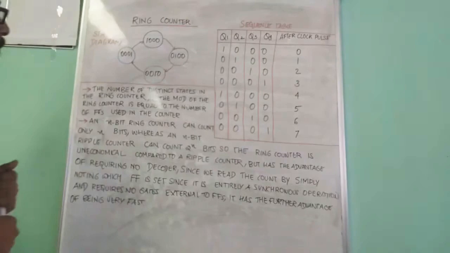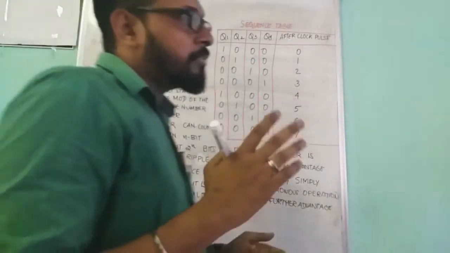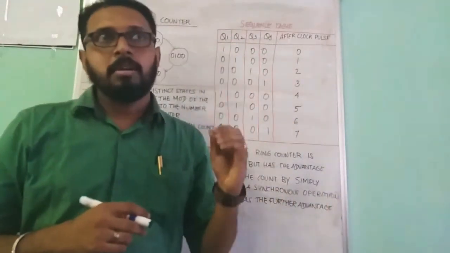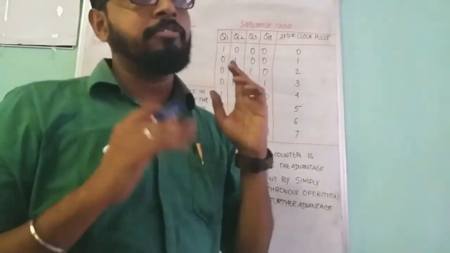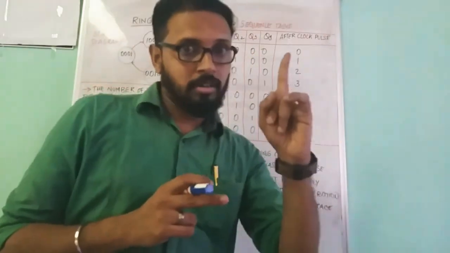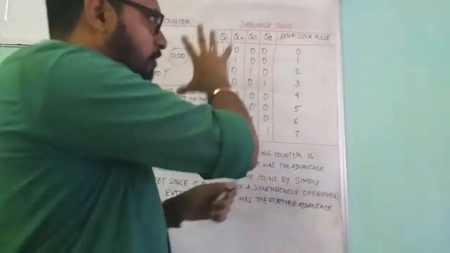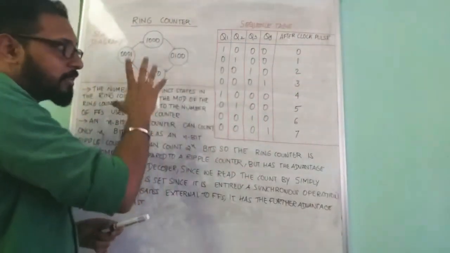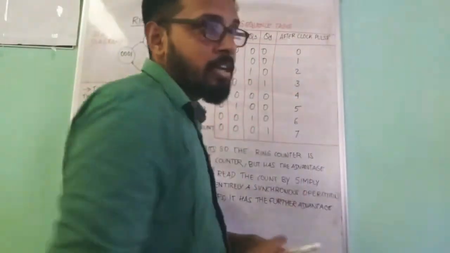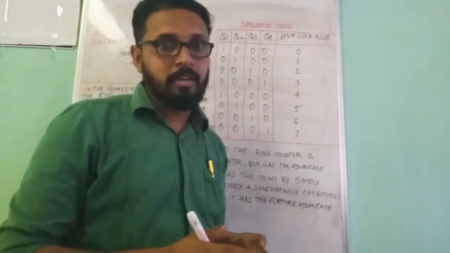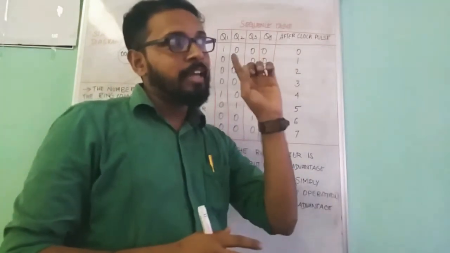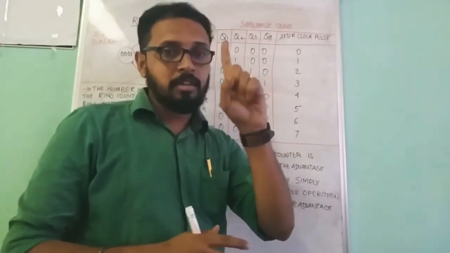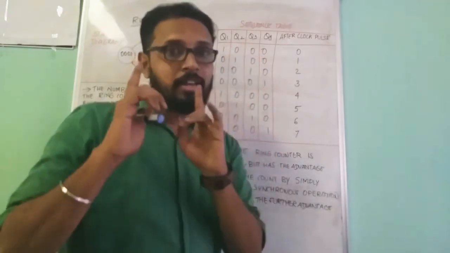In many cases, we give the example by setting the first flip flop to 1 and the rest of the values to 0, that is, only FF1 has the value 1.